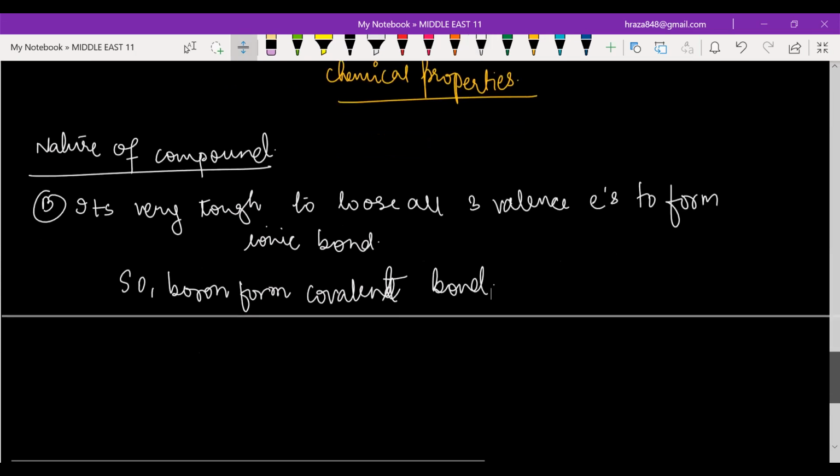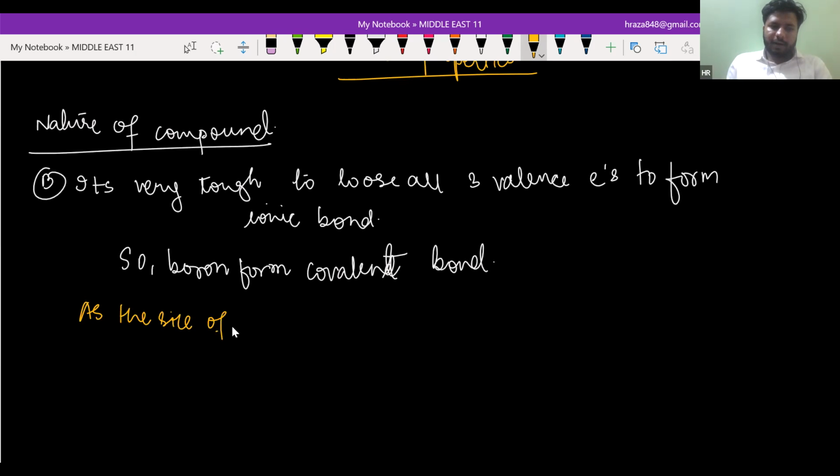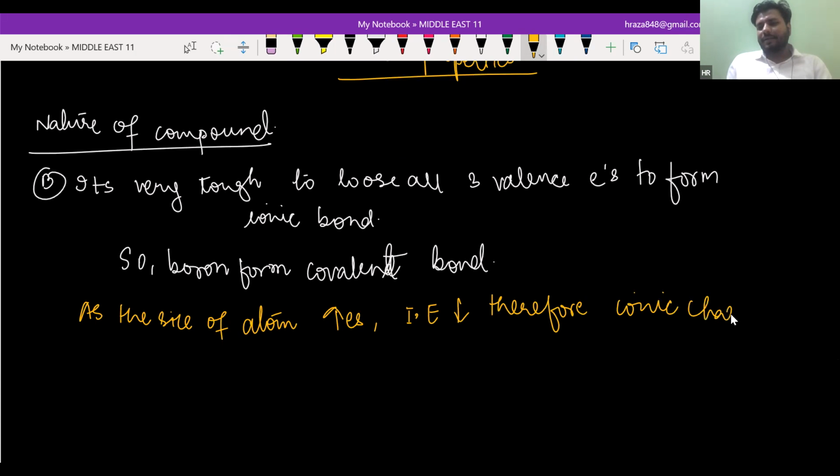Now, as the size increases down the group, ionization energy decreases. As the size of the atom increases, ionization energy decreases. Therefore, ionic character increases. It's very easy to lose electrons down the group.